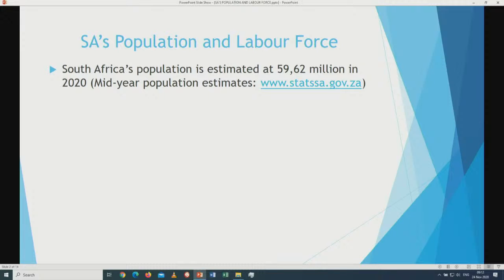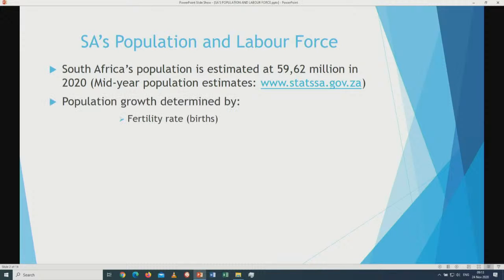For more information on South Africa's population, you can go to www.statsa.gov.za. That is where you can find more about South Africa's population and what Statistics South Africa is actually doing when they estimate the population. So we are a nation of almost 60 million. It means our population has grown to 60 million.